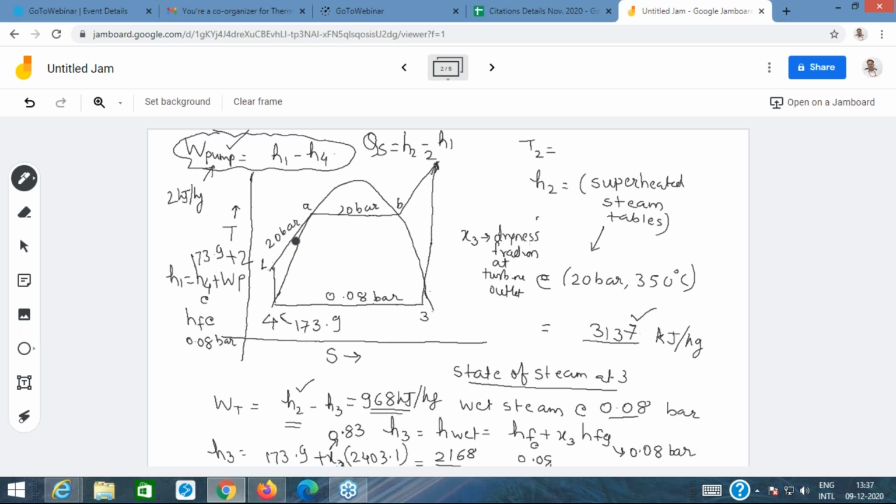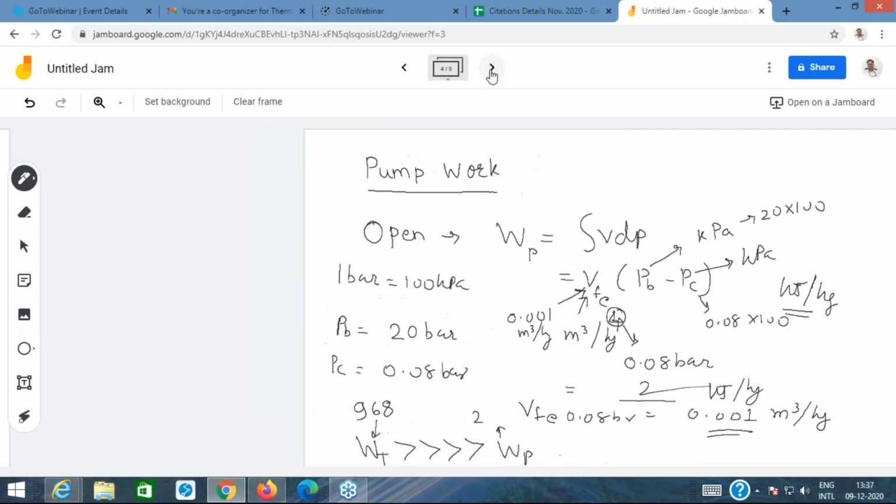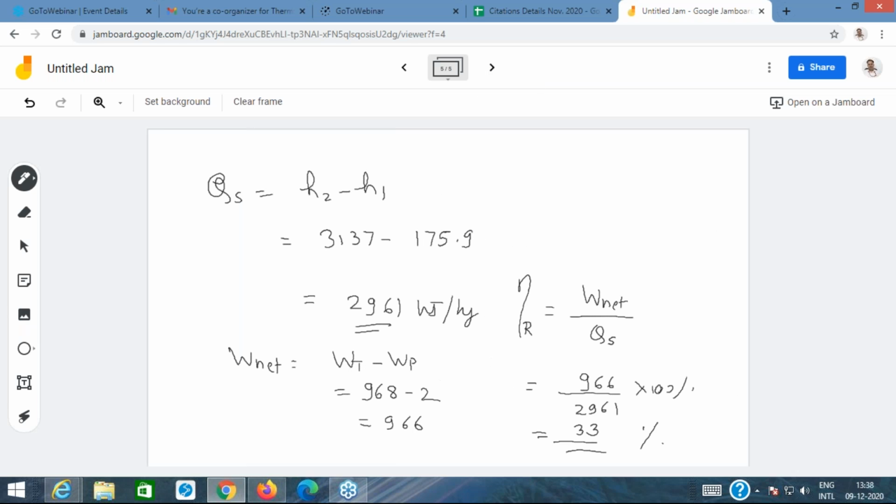That is the denominator of the expression of the Rankine cycle efficiency, the heat supplied. In this case, it comes as 2961. And the numerator is the net work output of the power plant, which is the turbine work minus pump work. The ratio of the two would give you the Rankine cycle efficiency.